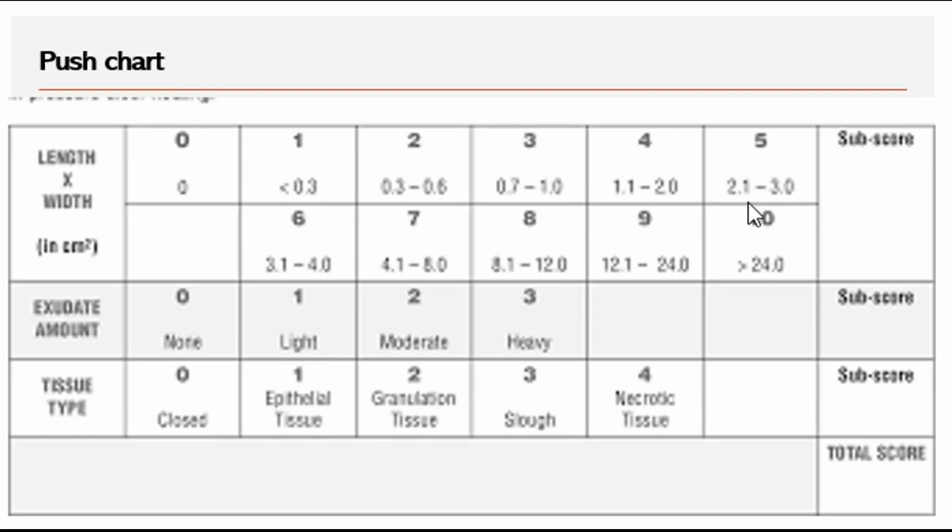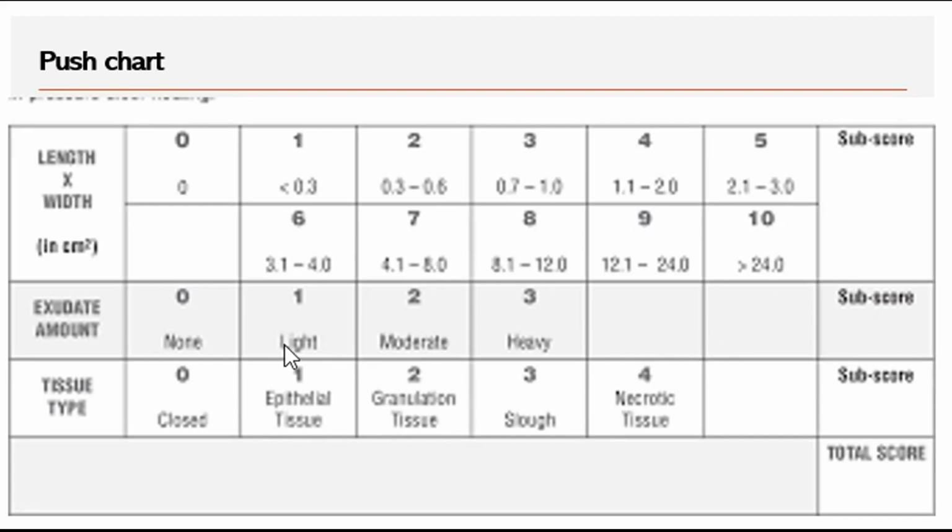Once we check the length and width, whatever sub score we get, we have to mention it over here. In the same way, exudate amount is scored 0 to 3, where 0 means none and 3 means heavy drainage. If it is moderate, the sub score will be 2.